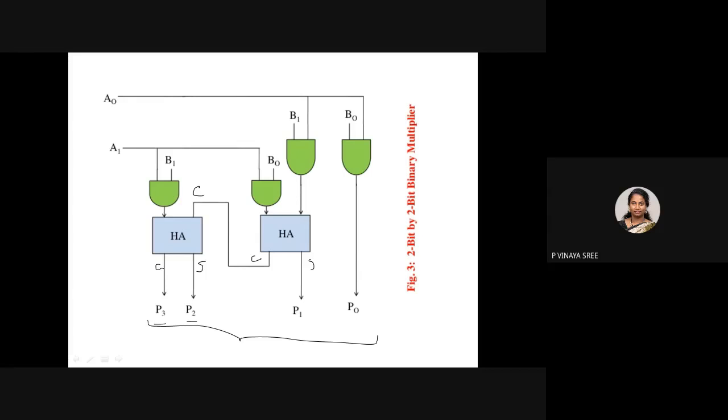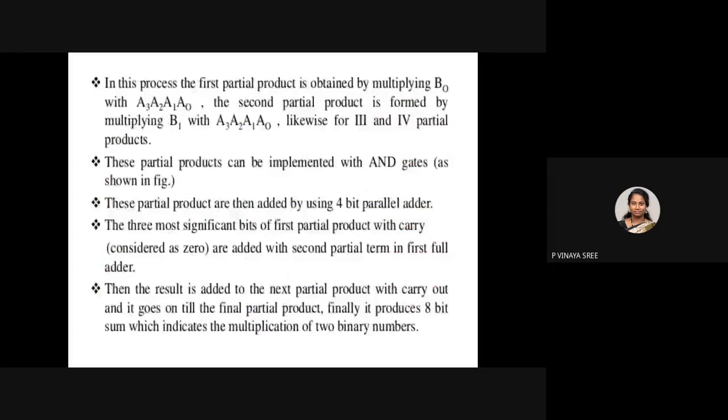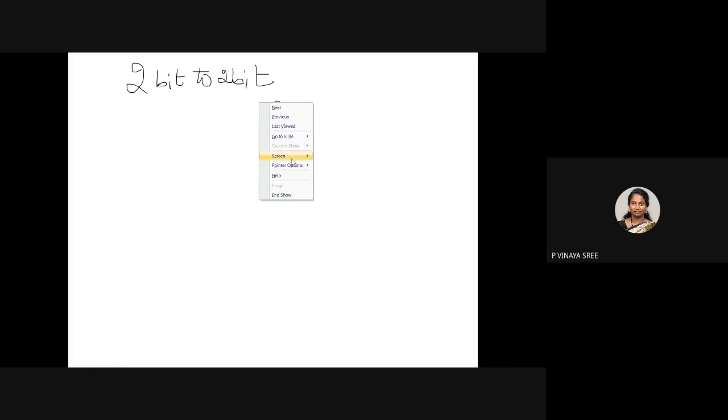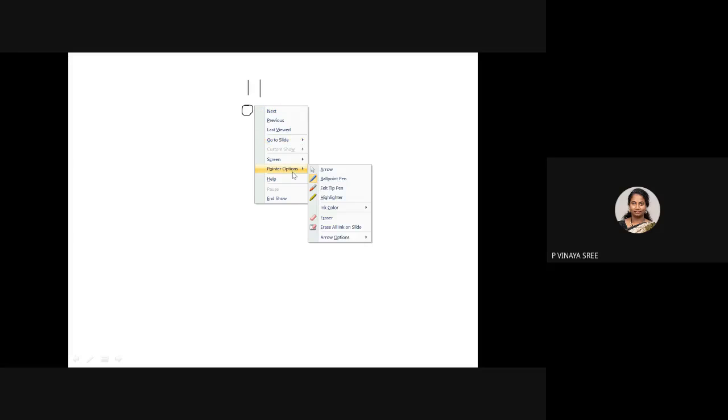So this is your 2-bit by 2-bit binary multiplier. Now let me take an example. Let me take 1 1 and 1 0.